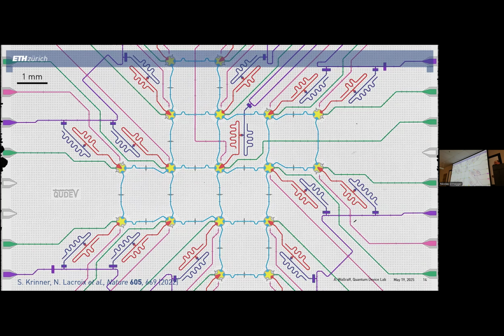Those crossings. Okay, I wouldn't mention it again because I've said nothing about it so far, but it's a good question. So there's crossings between these coplanar waveguides, as you see here. There's not too many of those, but some in this quasi 2D architecture. And these crossovers are done with freestanding air bridges.